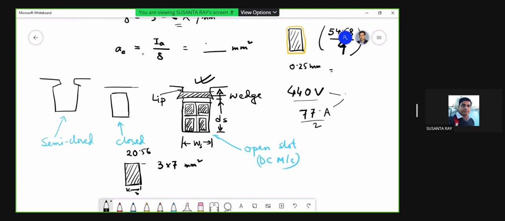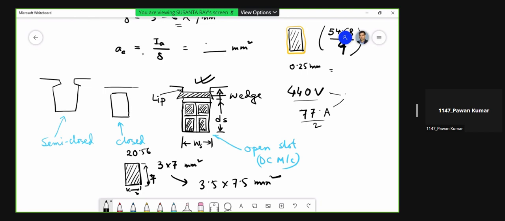This side will be 3 and this side will be 7. By that you can make 20.56. And the thickness of insulation is 0.25, so that means ultimately this will result in 3.5 into 7.5.